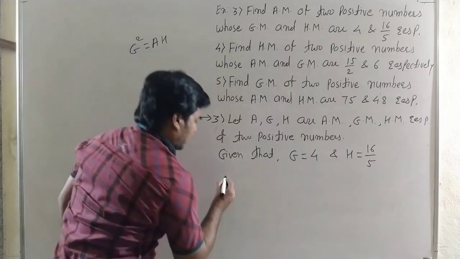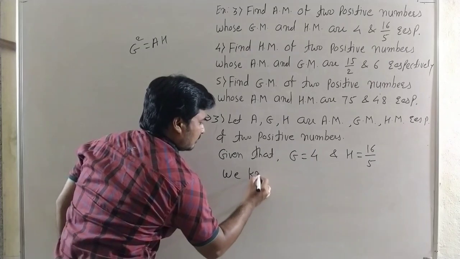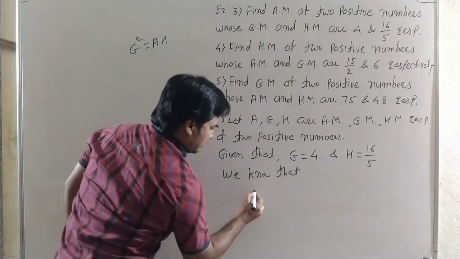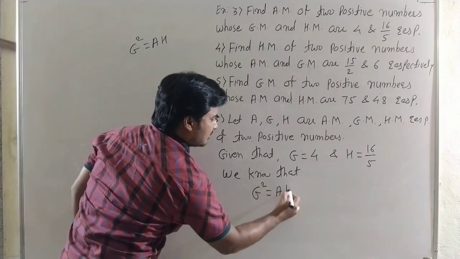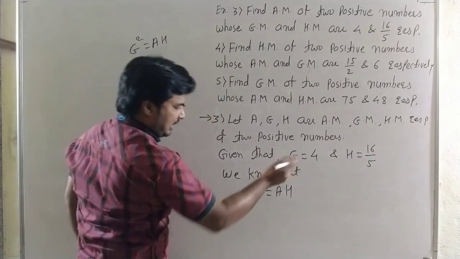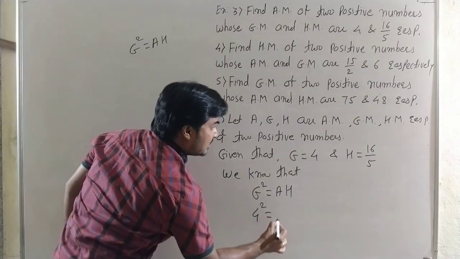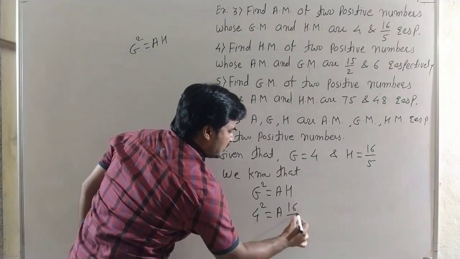Okay, then we know that G square is equal to A into H. Put the values of G and H. G square is 4 square, is equal to A into 16 by 5.